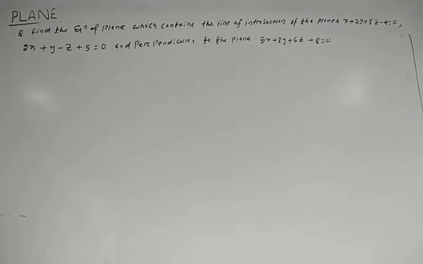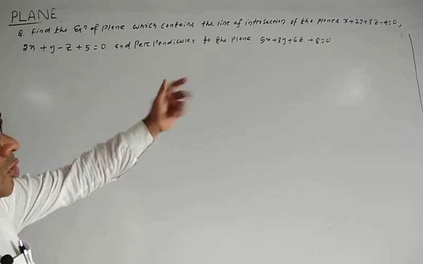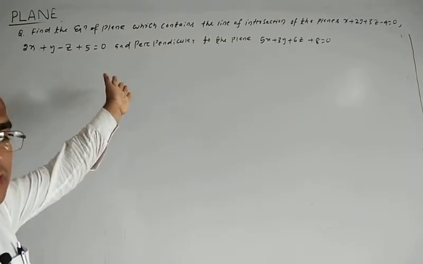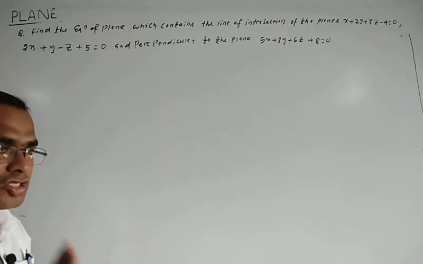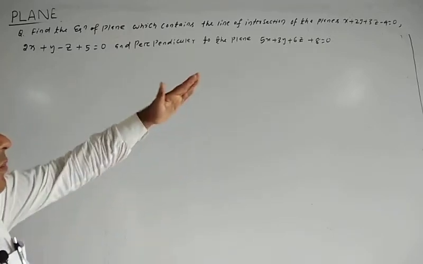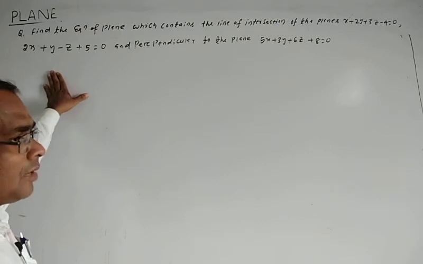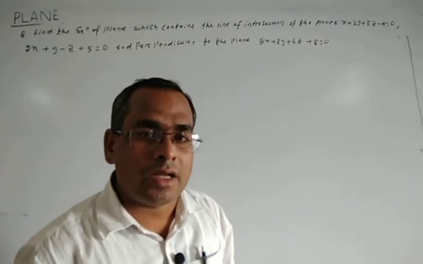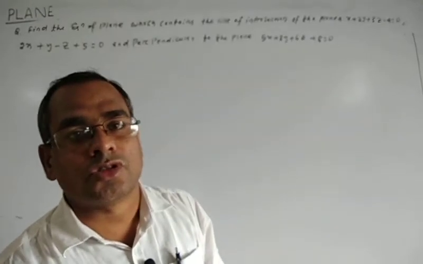First you take P1 is equal to x plus 2y plus 3z minus 4 equal to 0, because clearly it is in Cartesian form. Since the planes are in Cartesian form, first take P1, second take P2, and the line of intersection of the planes means P1 plus kP2 is equal to 0.